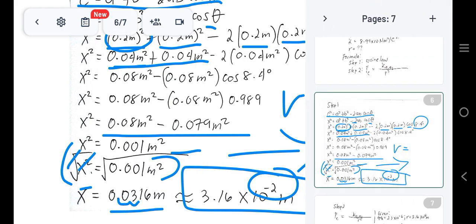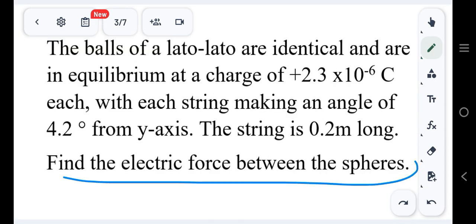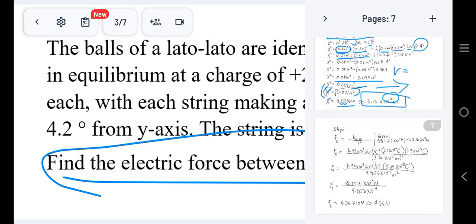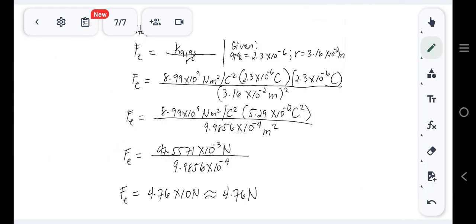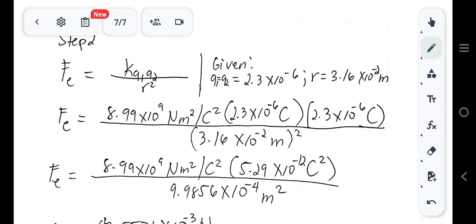Now, we can now find the electrical force since we already have the distance, alright? So, balik tayo sa problem here. We have this one. So, we can now use this equation. The F of E equals kq1 q2 over r squared. We have the given values.